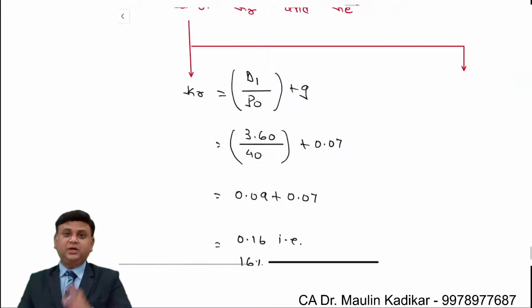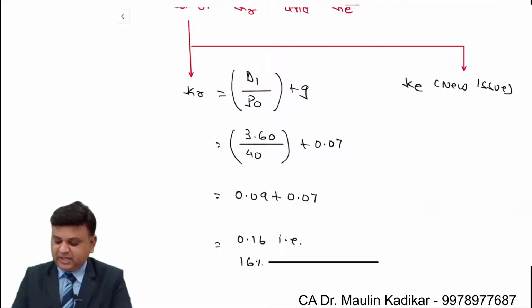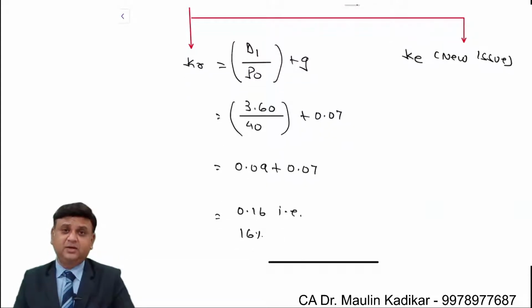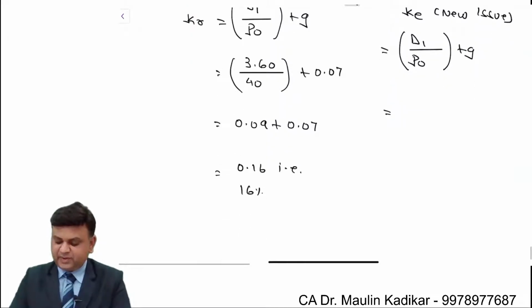Now importantly, for cost of equity for the new issue, we will use the same formula. The formula is not going to be different. However, this time the price of the security that we are required to take would be different, because the question is providing the information that the net price that we are going to receive will be an amount of rupees 32.